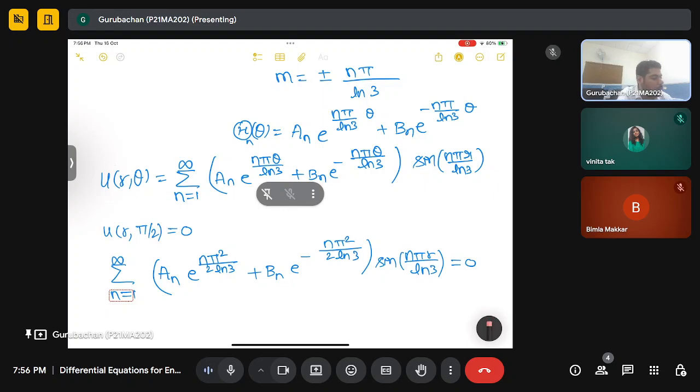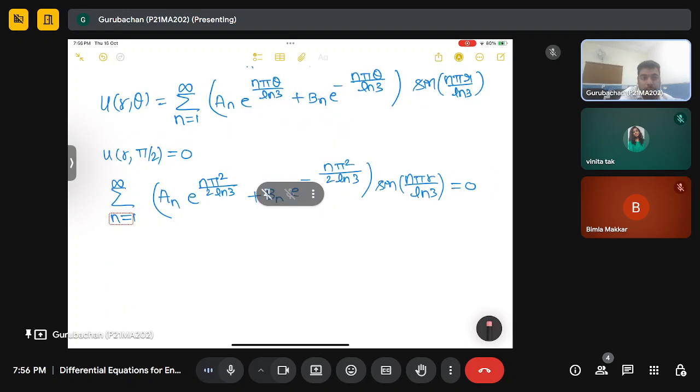Again we use the orthogonal property, but here we will multiply with 1 by r sin(m pi ln r by ln 3). Okay, so you will get, for m equal to n, your integral will exist or make sense. Therefore b_n will be minus a_n e to the power n pi square divided by ln 3.